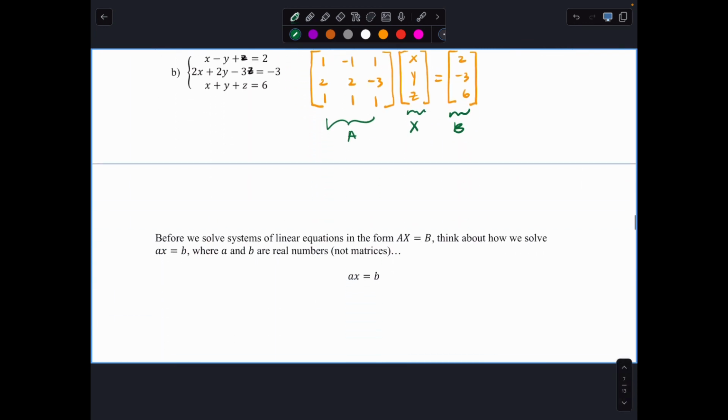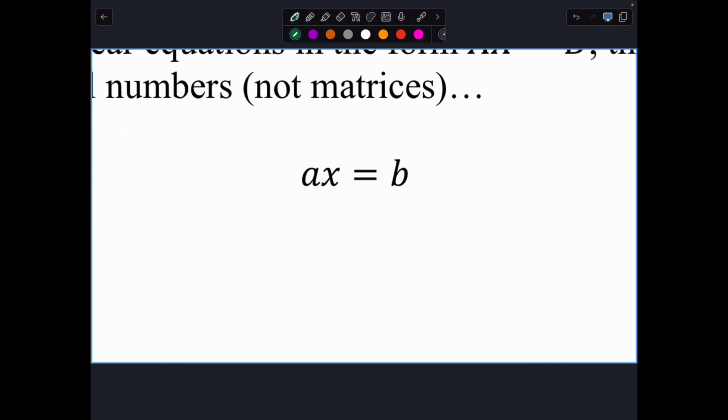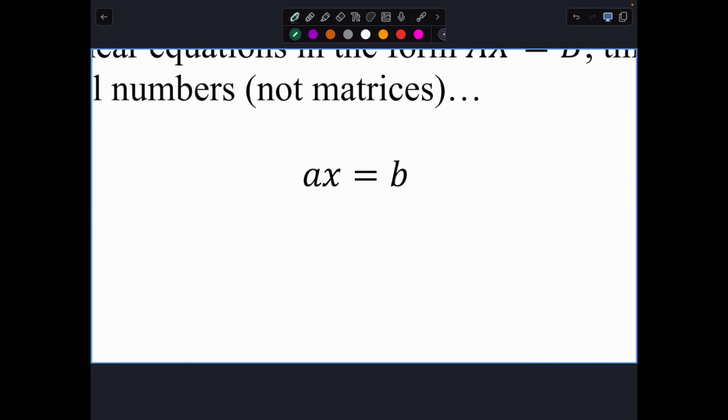So if we think back to just solving a linear equation, thinking in real numbers, not in matrices: if I give you the equation AX equals B, how would you tell me to solve for X? Like isolate X. Divide by A. You tell me to divide by A. What's another way to describe dividing by A?